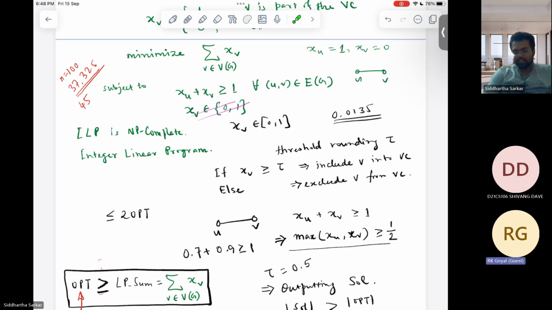No, no. There could be a vertex cover wherein the sum of the values assigned to all the vertices is equal to 37.325. There would be a subset of the vertices whose sum of the values assigned is equal to this quantity.